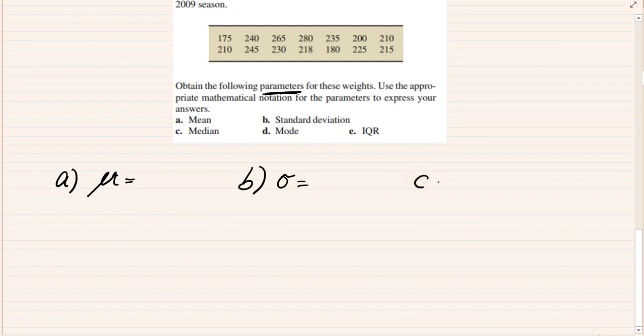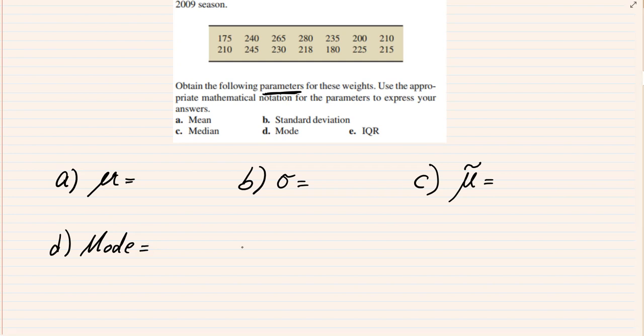Now C, the notation for median, let me just show you, but the book doesn't show it, is mu with a tilde on top of it. That will be the median. And of course mode, D, we go capital MODE, and that would be for the mode.